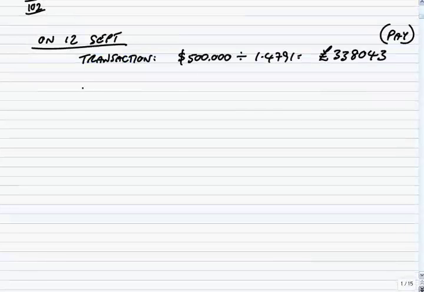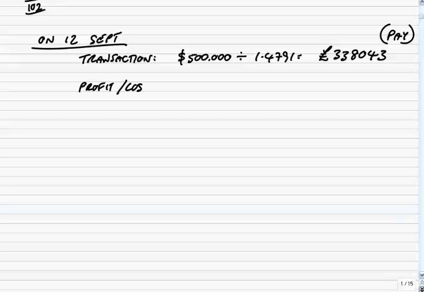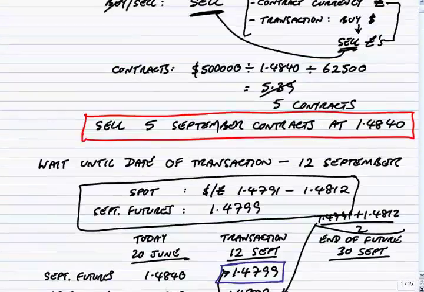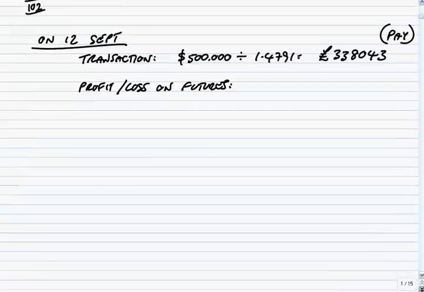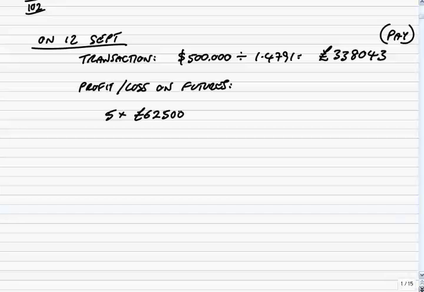However, on the same day we'll finish our futures deal, and we've got our profit or loss on futures. And to get the profit or loss, you take the number of contracts. It was 5 contracts. Each contract was of 62,500. So that's the total we're dealing in.